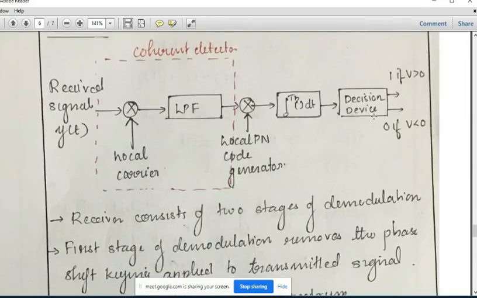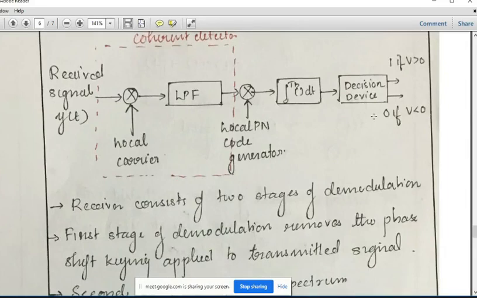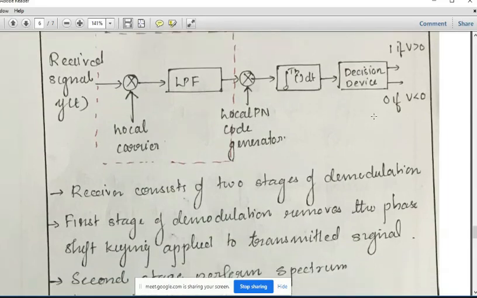The first stage of demodulation removes the phase shift keying applied to the transmitted signal.